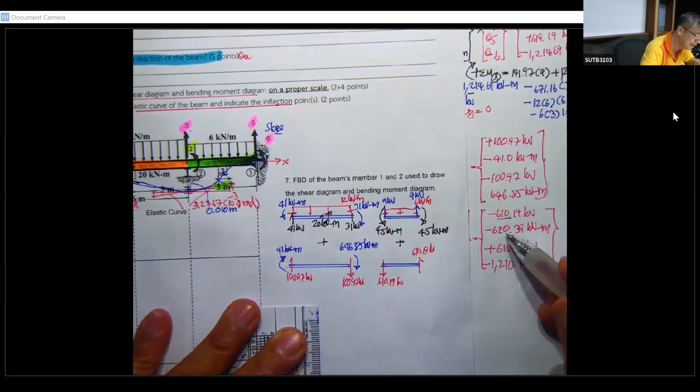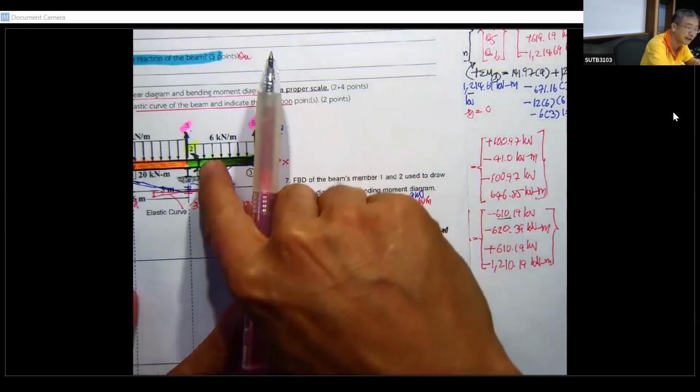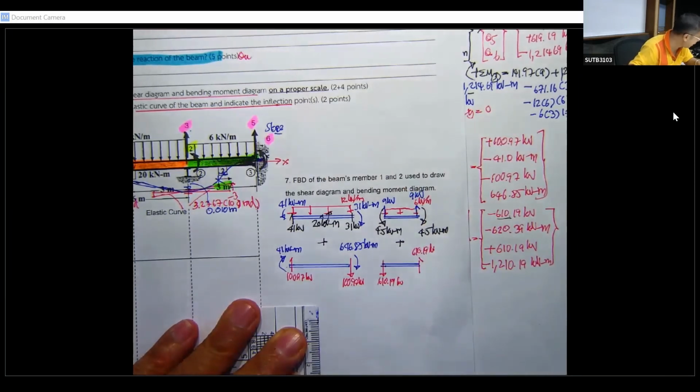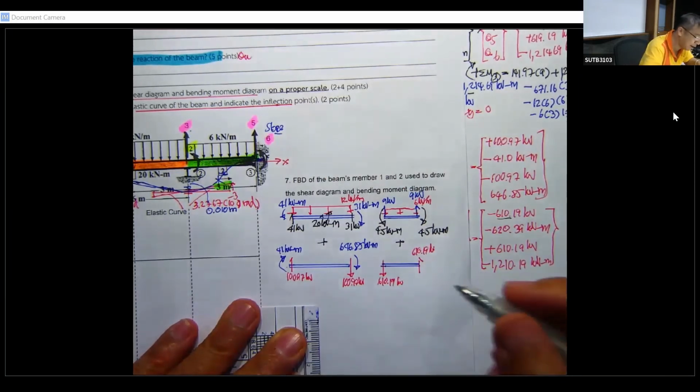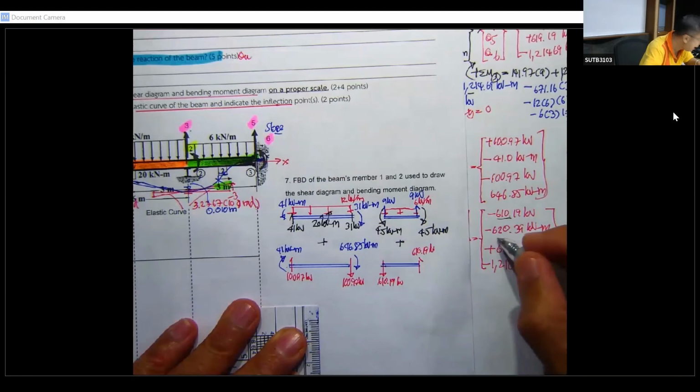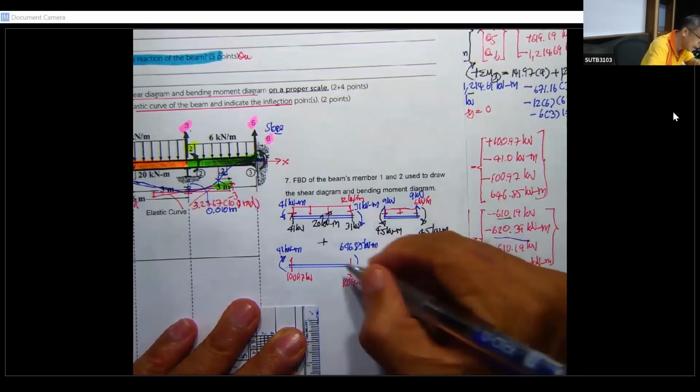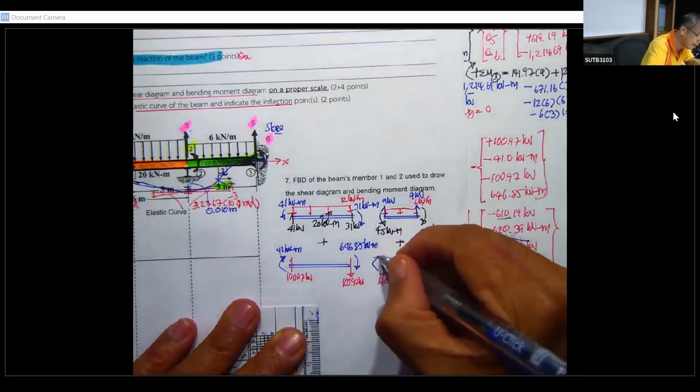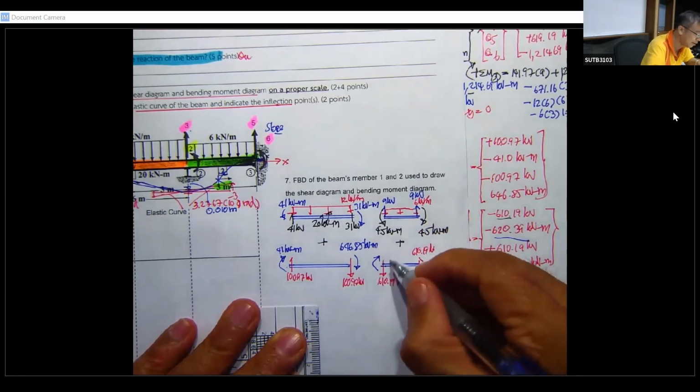And then negative 620. Negative is negative. When it's negative, it's in the opposite direction to this. So what you get is going to have the 620, and then you will get this one. It's the reverse of the direction of this.